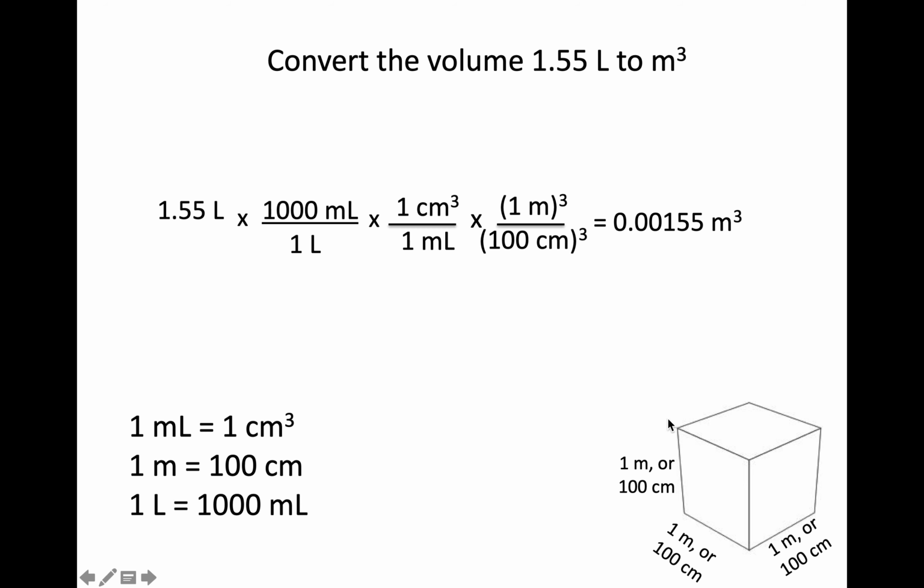I find it helpful to think about it in terms of an actual cube. 1 meter would be 100 centimeters. That would be one side, but if we're doing centimeters cubed, we need to multiply all three sides together to turn it into cubic units. This right here is the key mistake, or the key thing to look out for when we're seeking to do conversions involving cubic units.